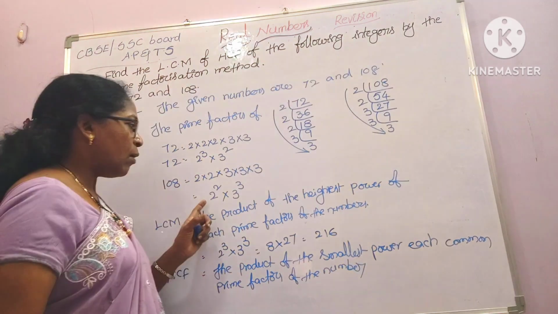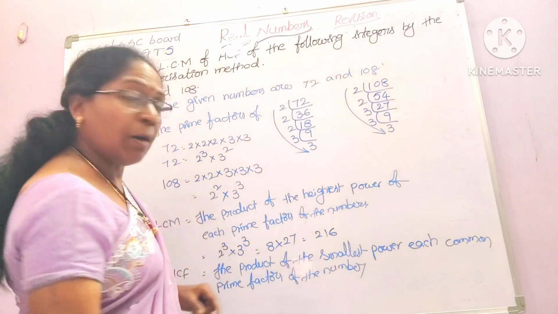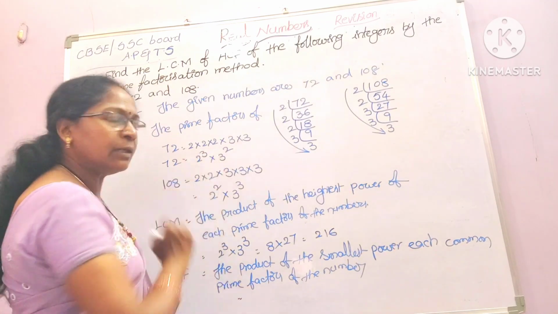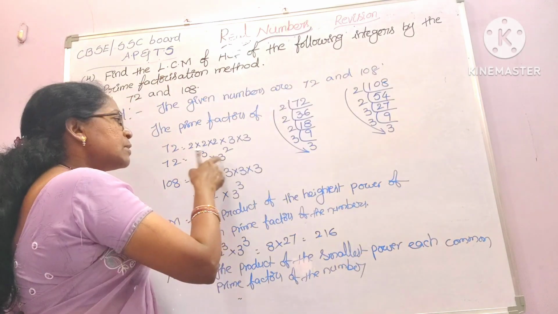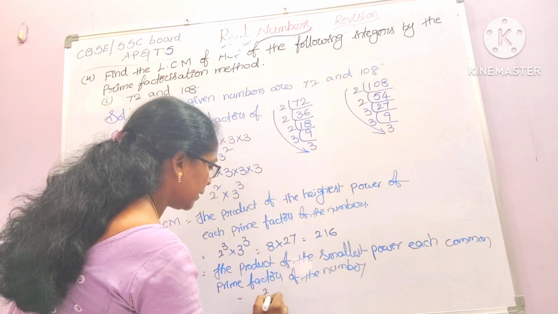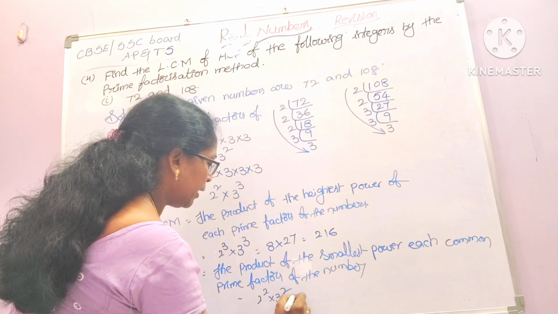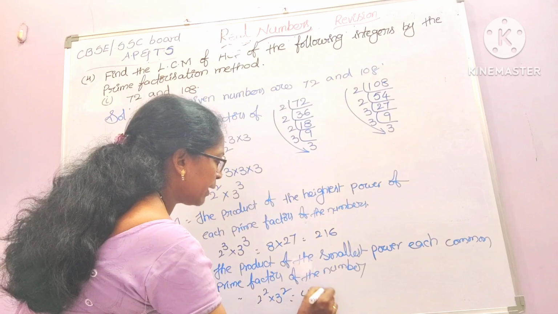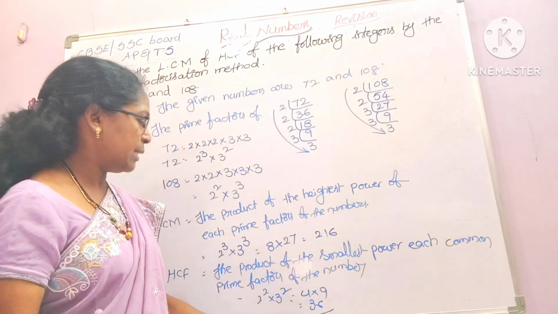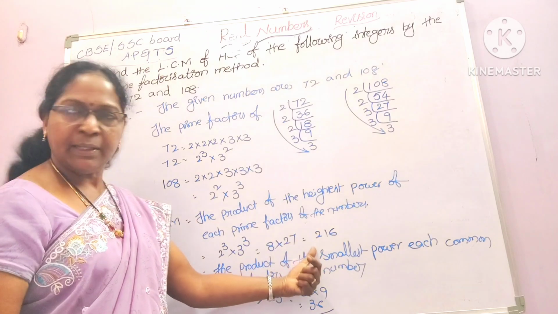Here the smallest power of the common factors in both numbers: 3 and 2 are both common factors. The smallest power is 3 square as well as 2 square. So 2 square into 3 square equals 4 into 9, which is 36. This is the HCF value and the LCM is the earlier one.